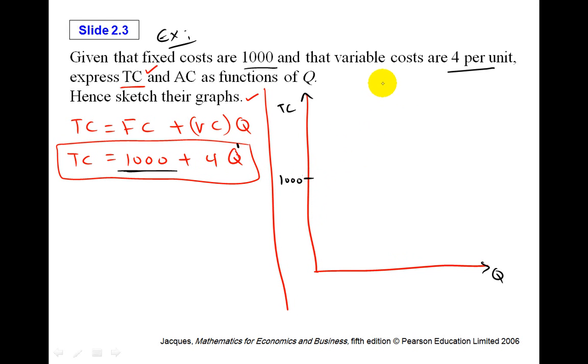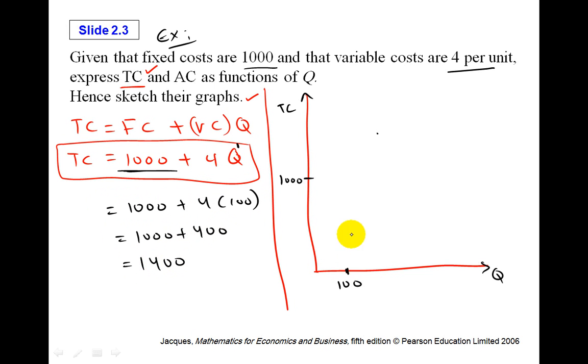So what do you need? You need any point here. So to know that point, you'll choose any number for Q. Let's say I choose here let's say 100. So if you choose 100, plug in instead of Q 100, it will be 1000 plus 4 times 100 is 400, so it will be 1400.